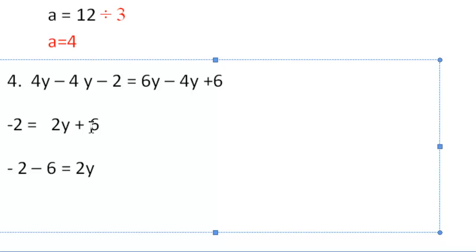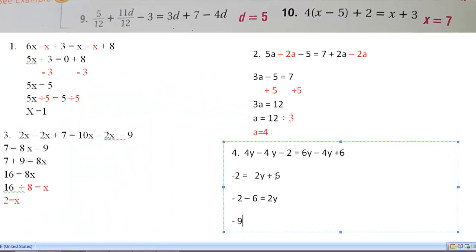Negative 2 and negative 6, both have the same sign, so we add them and keep the sign, so it will be negative 8 equals 2y.